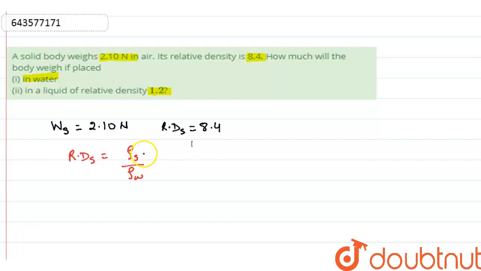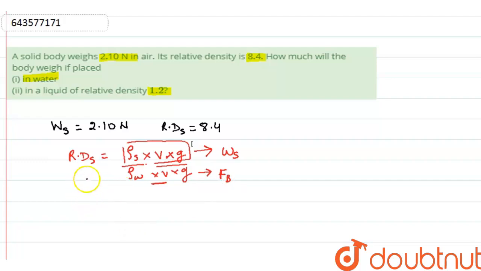So if we multiply by V into G in the numerator and V into G in the denominator, this value will be equal to the weight of the solid, and the denominator value will be equal to the buoyancy force.